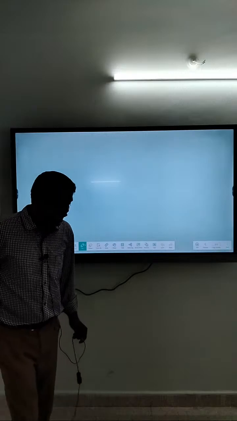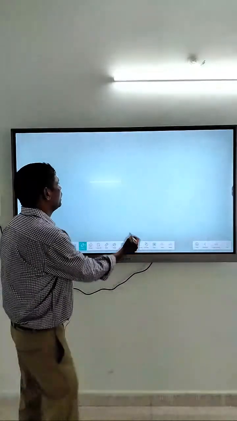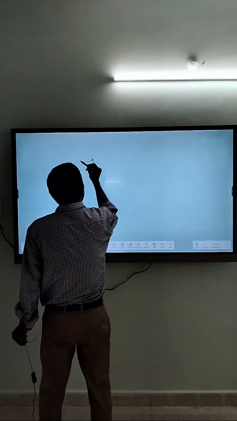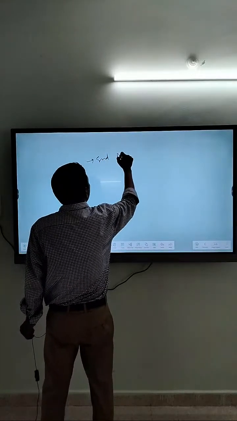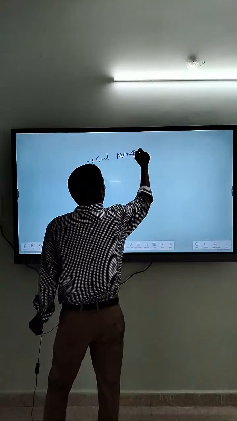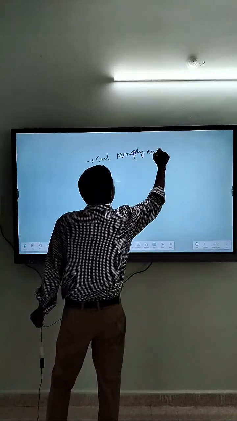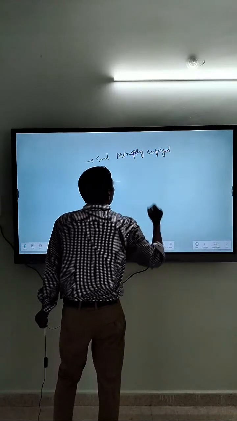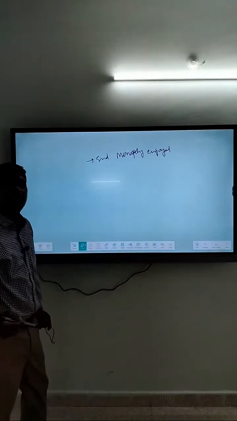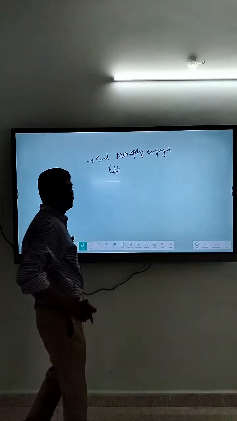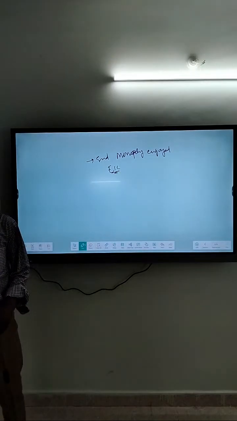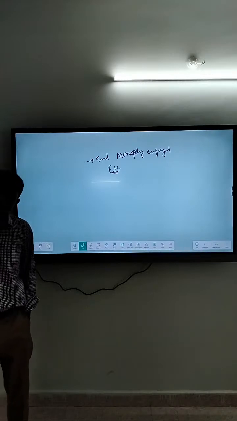So the 1833 Act brought an end to the monopoly enjoyed by the East India Company. That means after 20 years, not only the East India Company, there will be other British companies.